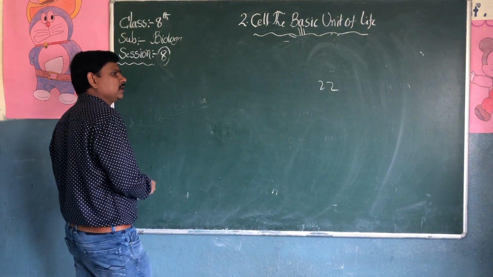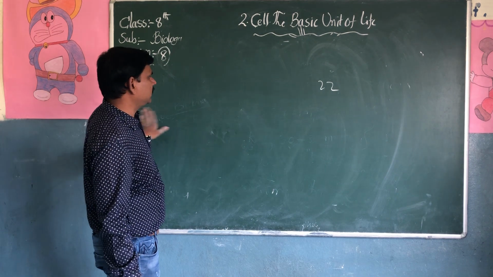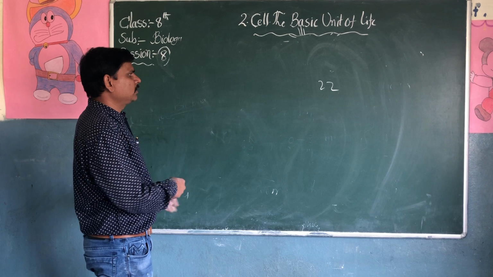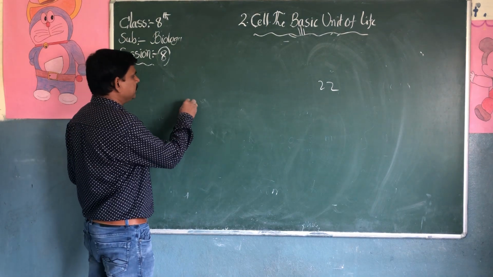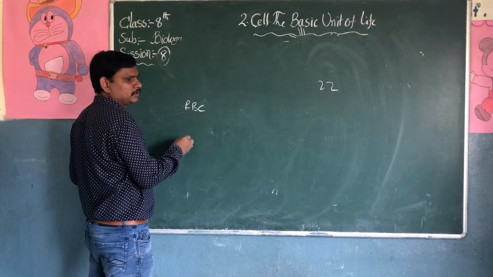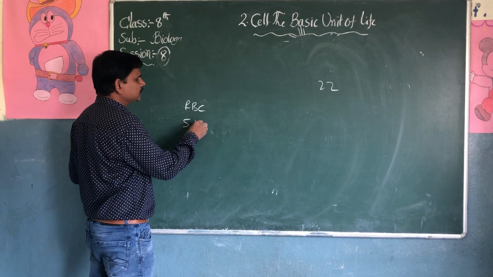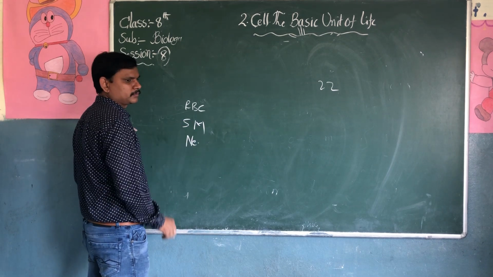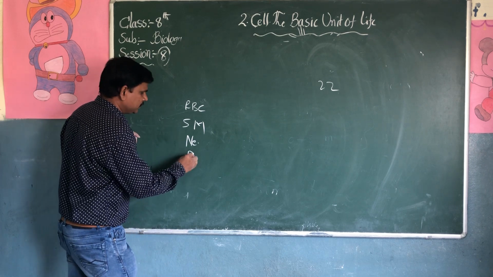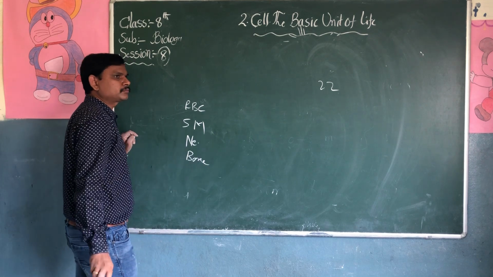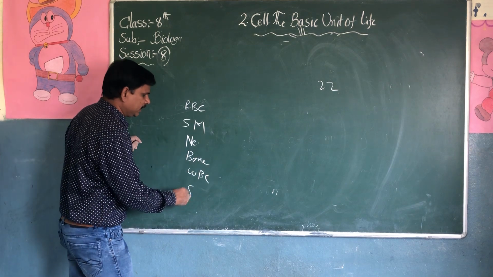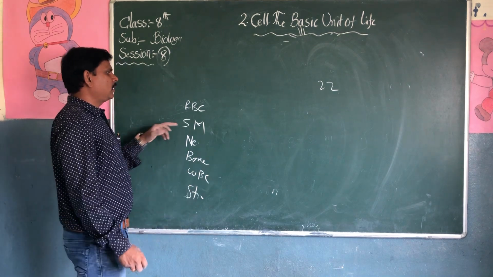First one is RBC, smooth muscle cells, nerve cells, bone cell, WBC, striated muscles.